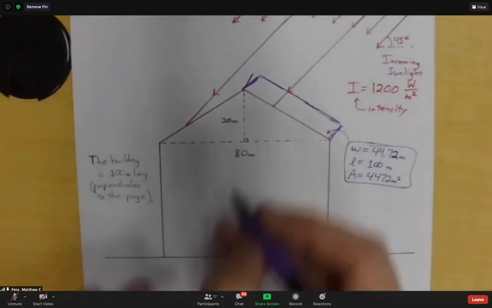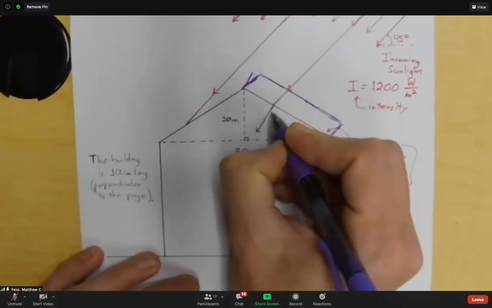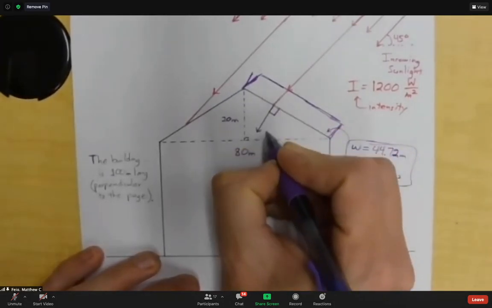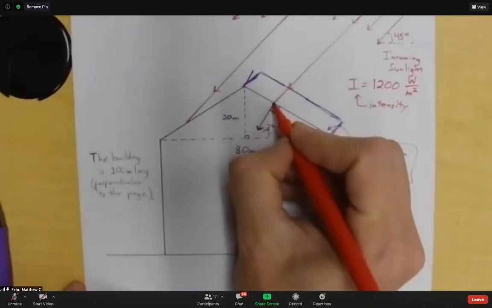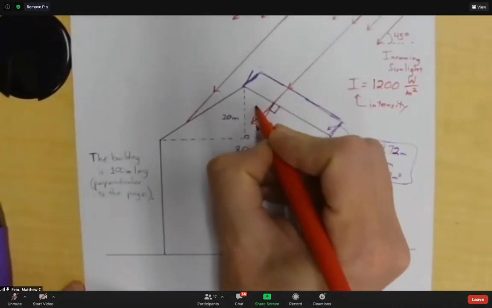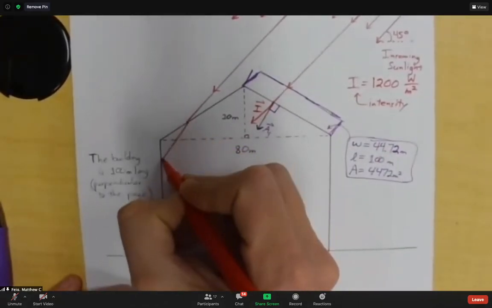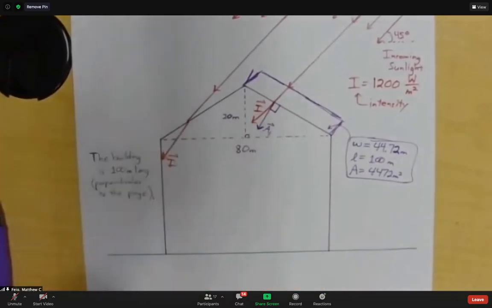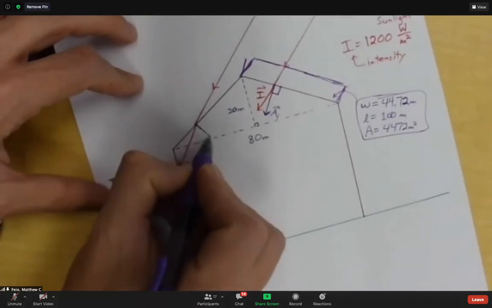So to be more clear, here's a vector perpendicular to this one. That's the A1 vector. And then here's my I vector, which is like the magnetic field. Over here, here's my I vector. But now my A2 vector is perpendicular to purple.